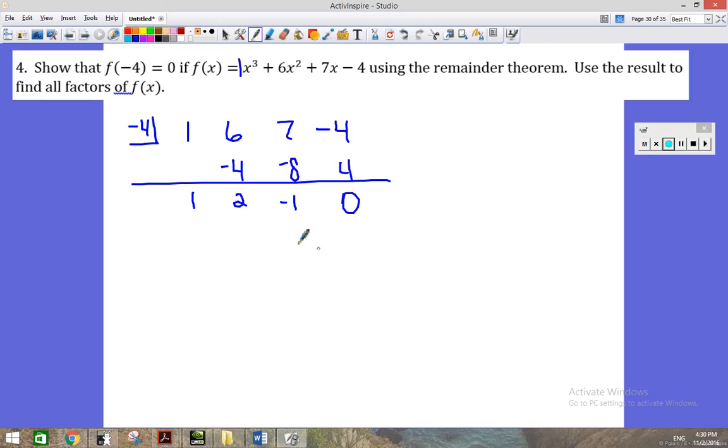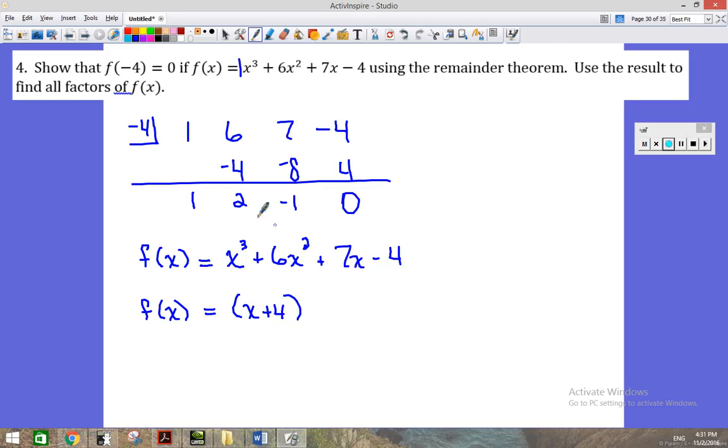So I'm positive now that f evaluated at -4 is 0, and I'm also positive now that this function, a third degree polynomial, that I didn't have any X method or any technique to factor, but since they gave me this piece of information, I know now that I can factor this to x plus 4 and use this result from the synthetic division, x squared plus 2x minus 1. This one was 1x squared there.